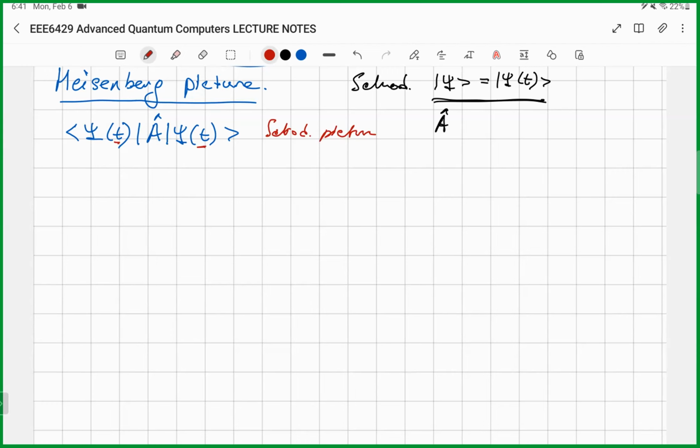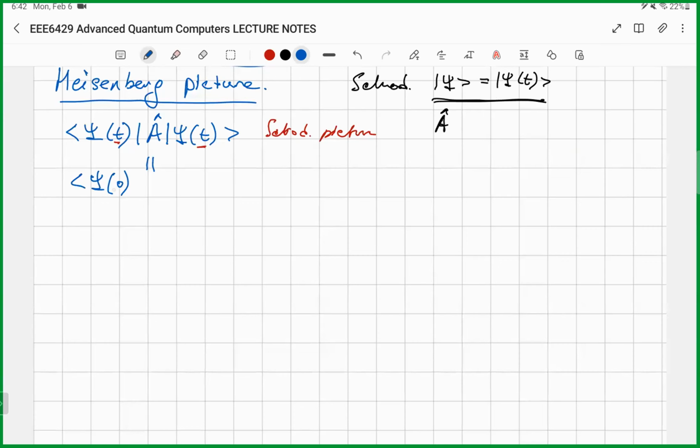Can we actually change this somehow, to keep the value itself the same, without changing this matrix element, so the result of measurement will be exactly the same, but represent this in the following way: as a psi time independent, psi at some moment in time 0, and then it doesn't depend on time. It's just a value that doesn't depend on time.